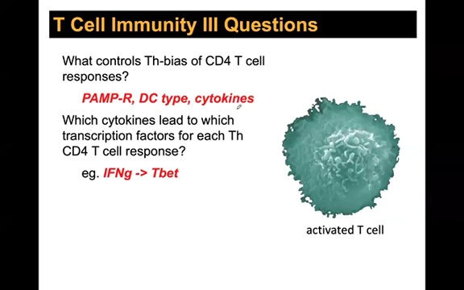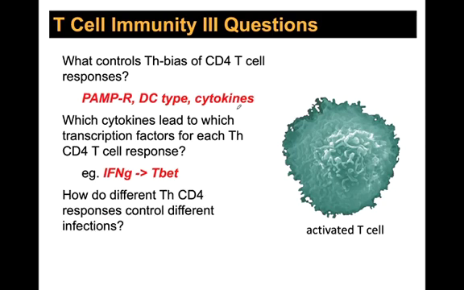So on the test, I can guarantee you that I'm going to ask you how does a T cell become programmed to be a Th1 cell? Well, you have initially IL-12 signaling, but then interferon gamma signaling that gives you Tbet. If you have IL-4, that's going to signal to give you GATA3, and give you more IL-4 to reinforce that pathway. And then I'm going to ask you, once you get those different biases, how do they actually work?